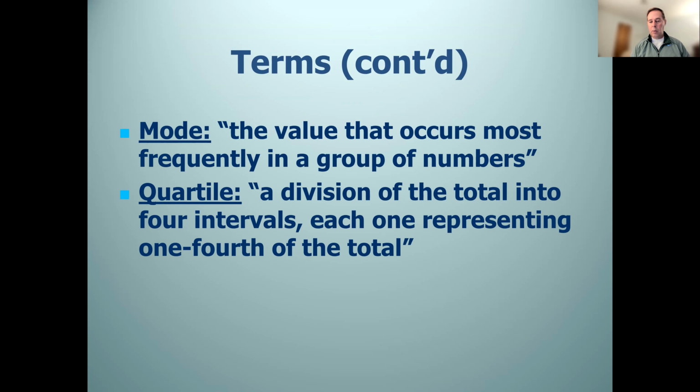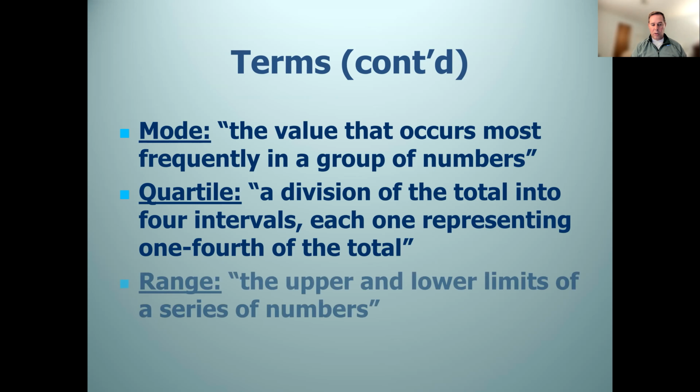The next quartile down would represent from 51 to 75%. The third quartile being 26 to 50%, and then the last one from 1 to 25%. So splitting something up into 4 separate versions is considered to be a quartile.